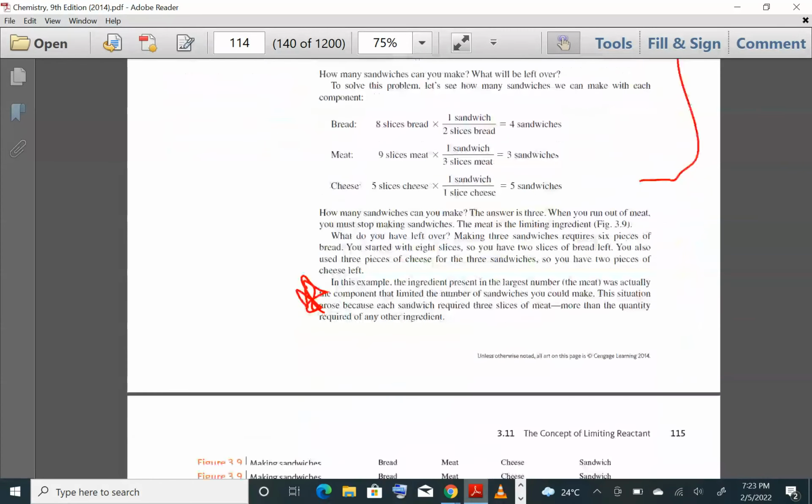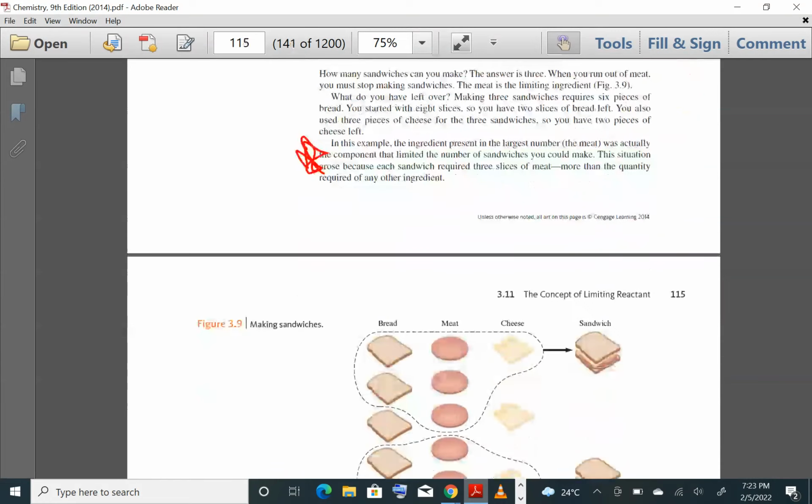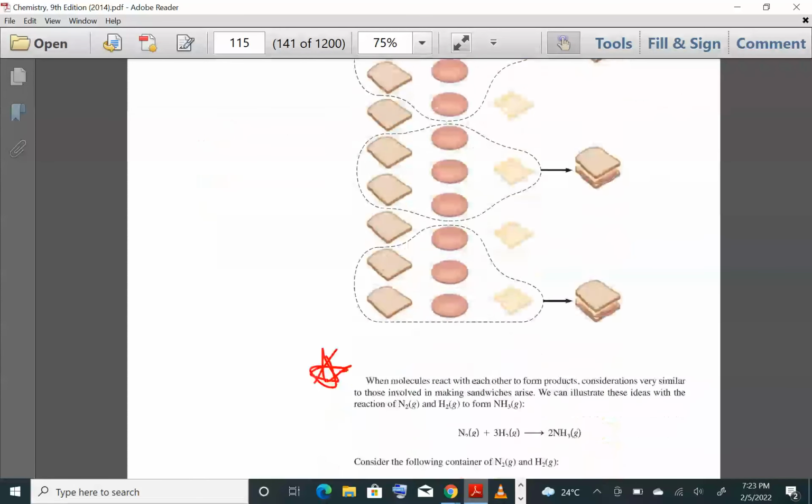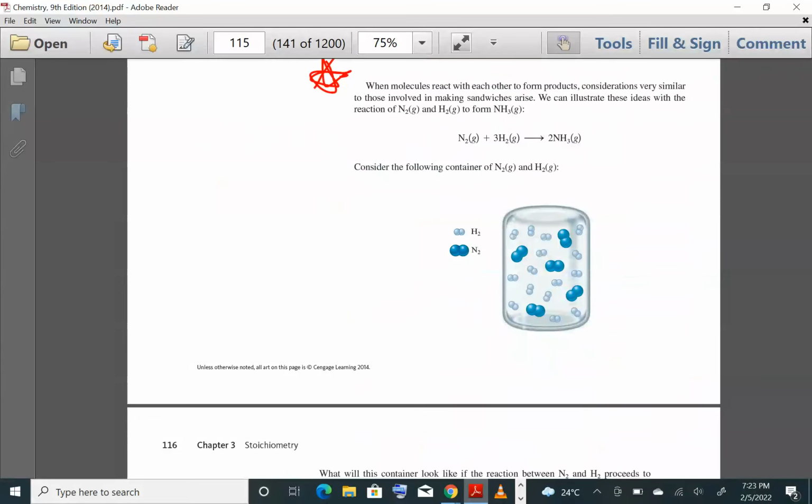So basically, this is telling us that in these stoichiometric calculations, it's important to find the limiting reagent because it's going to help us figure out what amount of product is going to be formed.